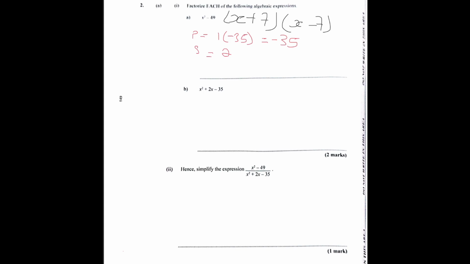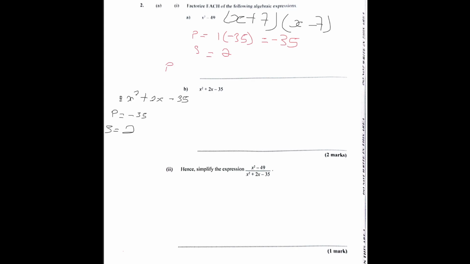Question B is a quadratic, and it says x squared plus 2x subtract 35. To solve this quadratic, we need to find the product and the sum. We need the product of negative 35 and the sum of positive 2. But firstly, how do we find what the product and the sum is?